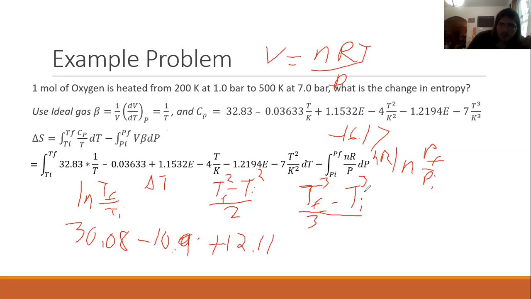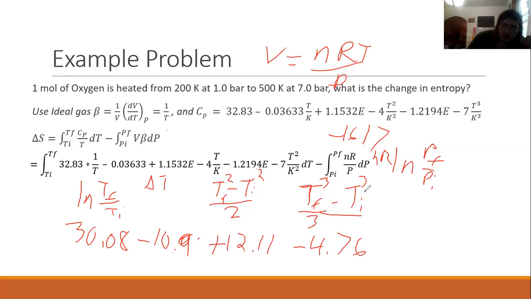Last one, 1.2194 times 10 to the negative 7 divided by 3, times 500 cubed minus 200 cubed. So that's negative 4.76. So 30.08 minus 10.9, plus 12.11 minus 4.76.